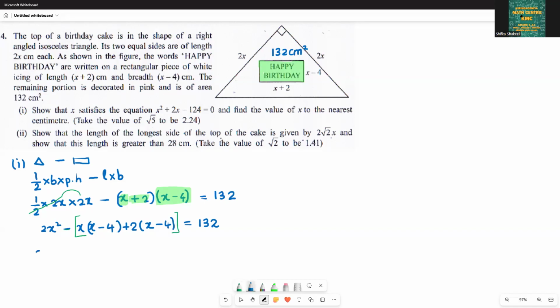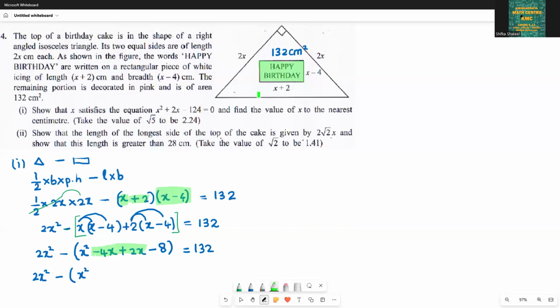So we will multiply: 2x squared minus, within bracket, x into x is x squared, x into minus 4 is minus 4x, plus 2 into x is 2x, minus 2 into 4 is 8, equals 132. Within the bracket we simplify: 2x squared minus x squared minus 4x plus 2x.